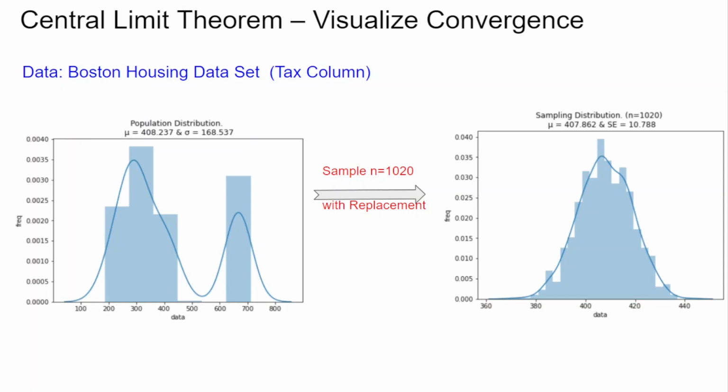Now what happens is the mean is dipping down to 407.86, a bit away, but it's obviously around the same population distribution, and your standard error gets a lot crisper. Why? Because now I have more sample data points, a better representation of the slice is coming in as it fills up each data point here.